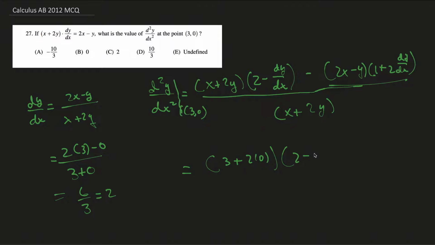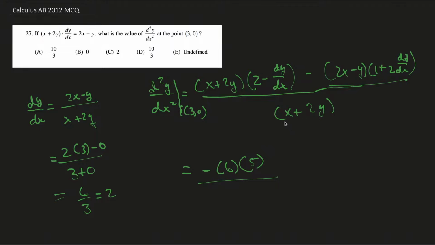So we just plug in 2 wherever this is, and then we get 2 minus 2, which is 0. So this part just goes away, and we just have this, which is negative 3 times 2 is 6, 6 minus 0 is just 6, multiplied by 1 plus 2 times 2 is 4, plus 1 is 5, over 3 squared.